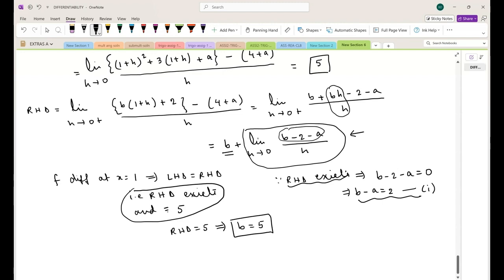But we know that the right hand derivative equal to left hand derivative, so b must be equal to 5. So now if you substitute b equal to 5 here, you get the value of a. Substituting this, we get a equal to 3. So that's the answer. a equal to 3, b equal to 5.